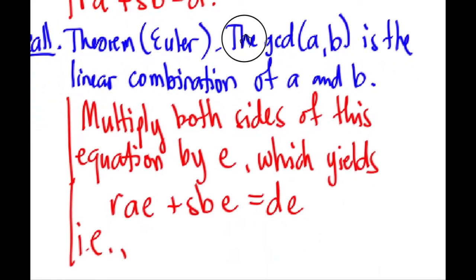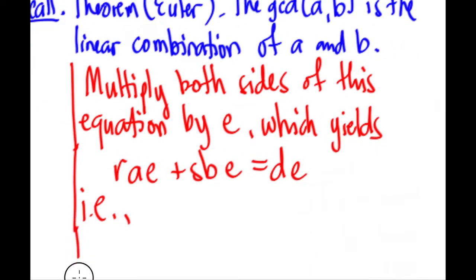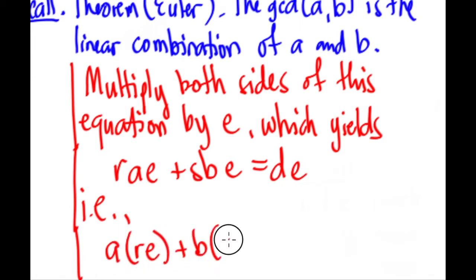So if we can see that we have a DE here, okay. Since C equals DE, we can regroup and get the A out. So we have A times RE plus B times SE equals C.